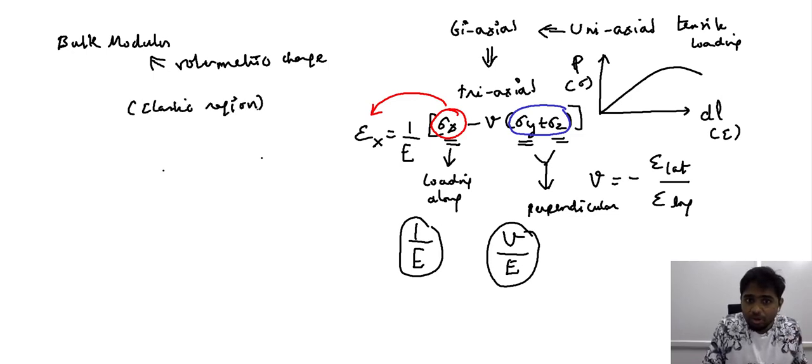So we are restricting ourselves to the elastic region, and we are imposing different mechanical conditions. And under these different mechanical conditions, instead of describing the response by focusing on a specific axis alone, we are describing the response by considering the overall change in the volume of the material.